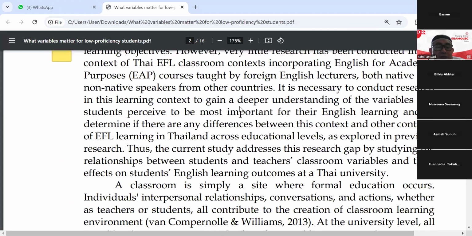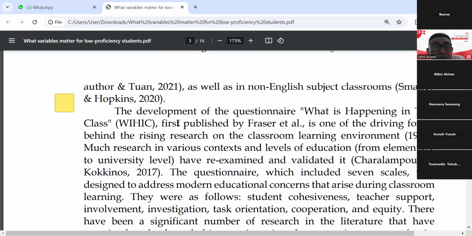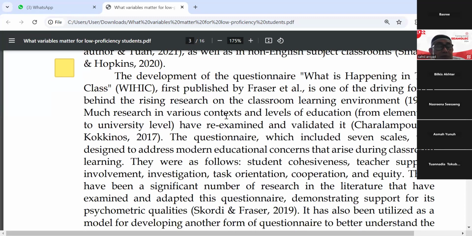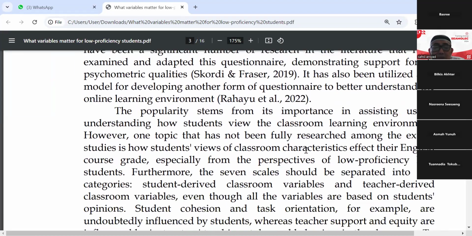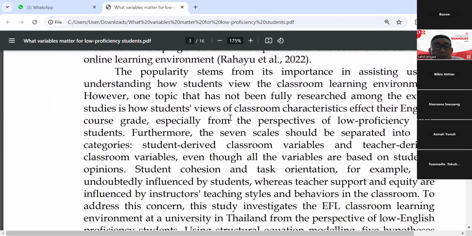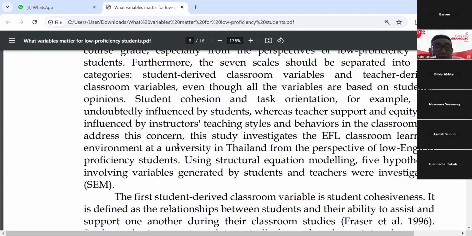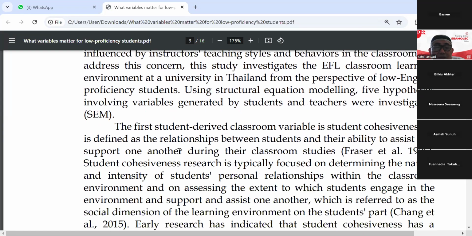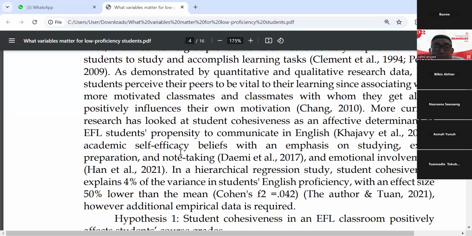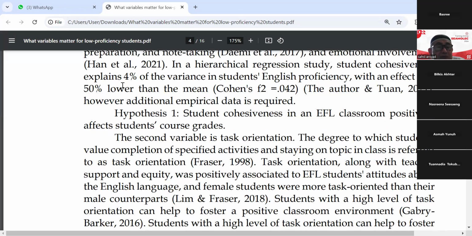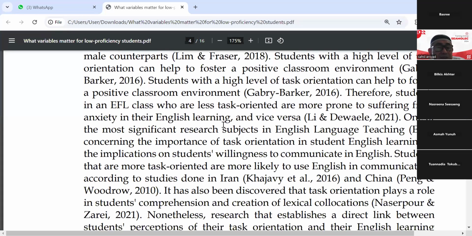Development of the questionnaire, first published by President. No, this is about the questionnaire. Their popularity stems from its importance. However, one topic has not been fully researched. The first study derived from variables earlier. So this is about instrument, hypothesis, second hypothesis.